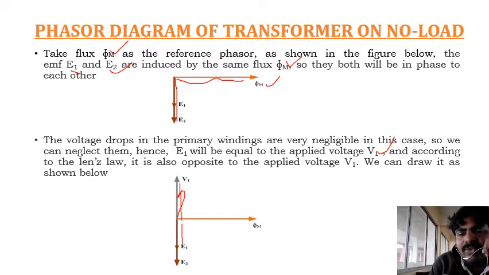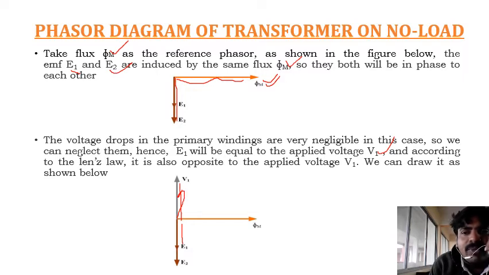So what we considered: first we took phi m as the reference phasor. With respect to phi m, we draw both induced EMFs E1 and E2. These two induced EMFs are in phase, because both are influenced by the same flux, but they lag behind the flux phi m by 90 degrees.